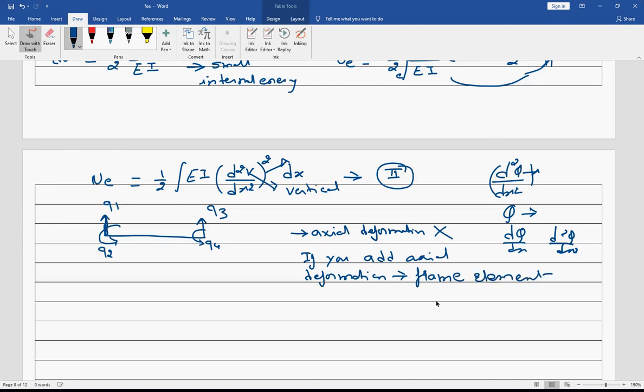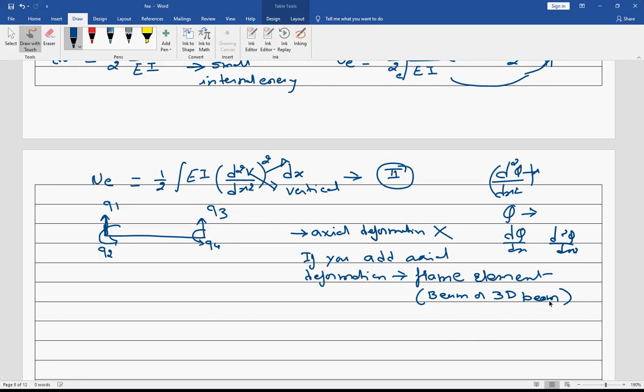Okay, and in most of the software it will be referred to as beam, or if it has 6 degrees of freedom in 3-dimensional space, then it can also be called a 3D beam.